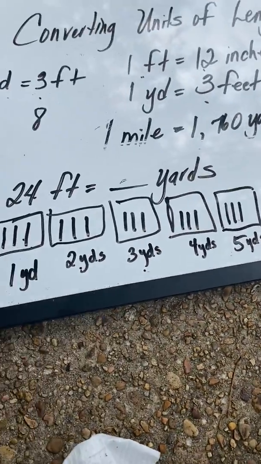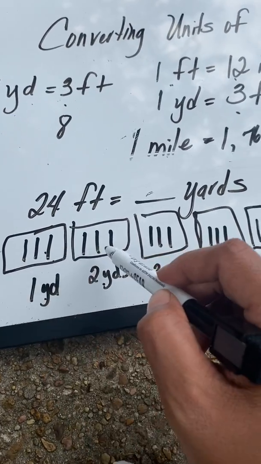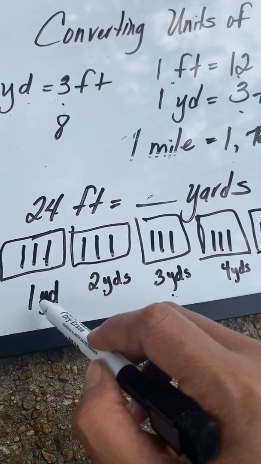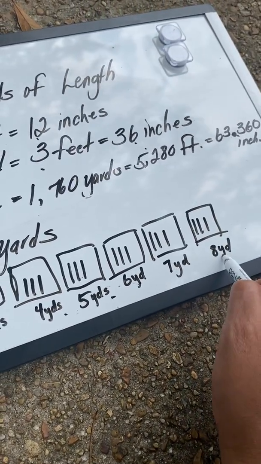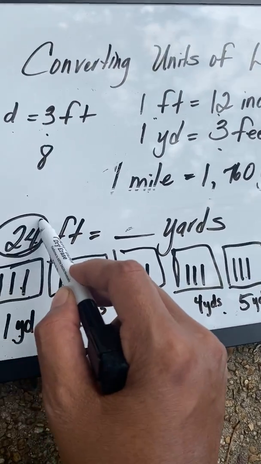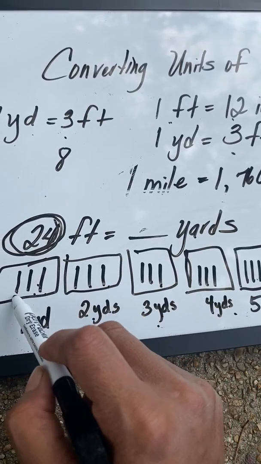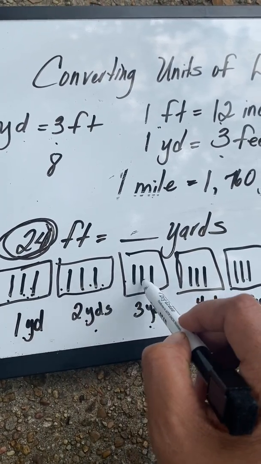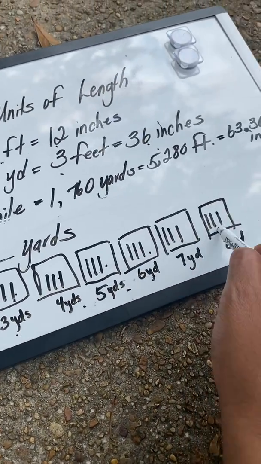Remember, every 3 feet is equal to 1 yard. So 1, 2, 3, 4, 5, 6, 7, 8. It asked us how many yards 24 feet is equivalent to. Remember these are the feet, so this is what we're going to count. 3, 6, 9, 12, 15, 18, 21, 24.